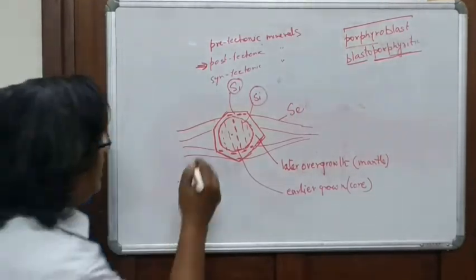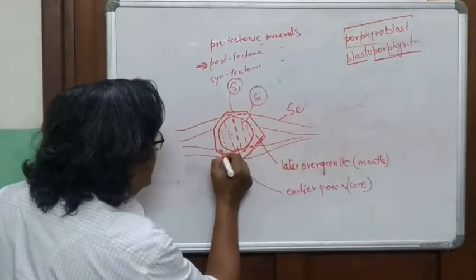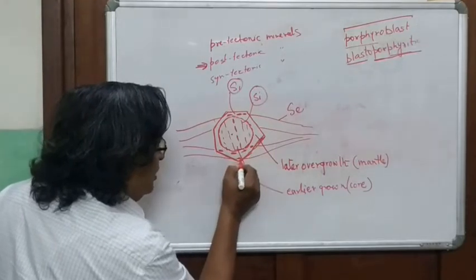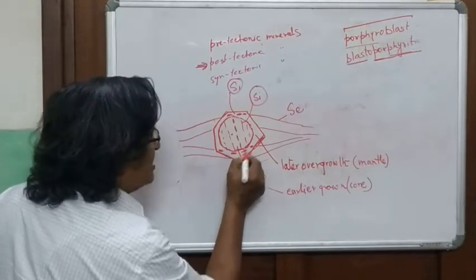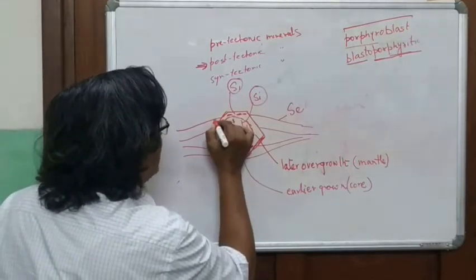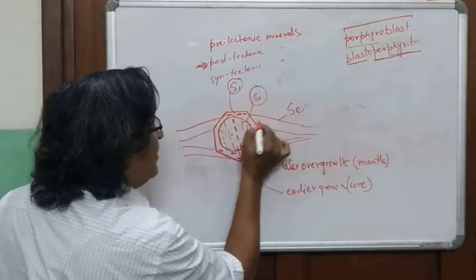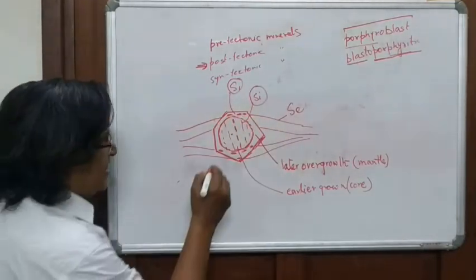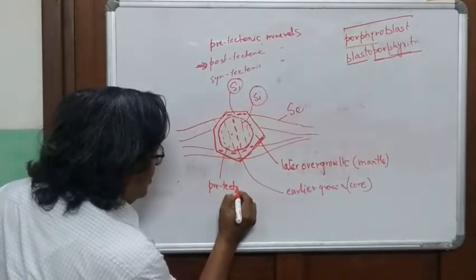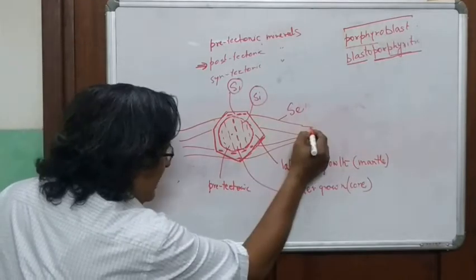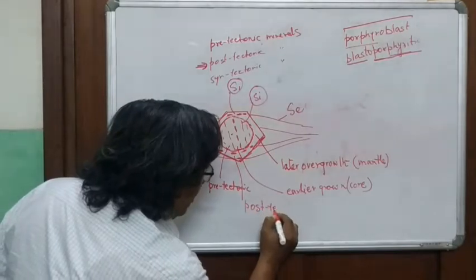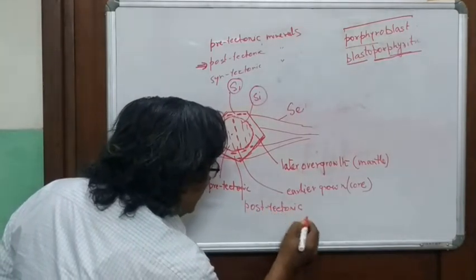But then you can see this part of the garnet, the outer rim of the garnet, that has grown to beautiful euhedral shapes, idioblastic shapes, and the SI trails here are continuous with the SE trails. That means this is pre-tectonic with respect to the matrix foliation, and this is post-tectonic with respect to the matrix foliation.